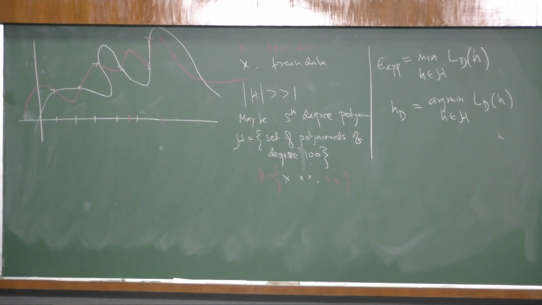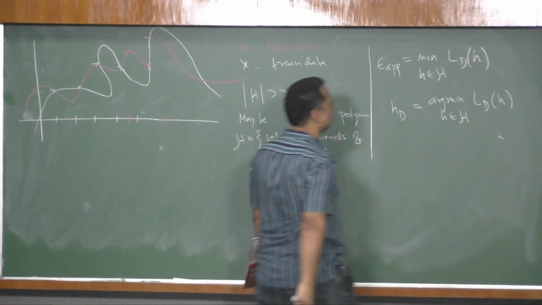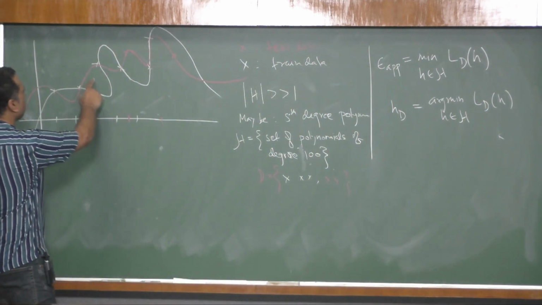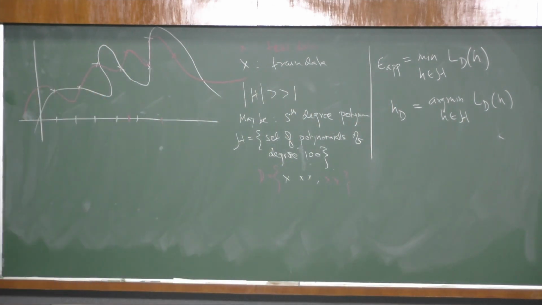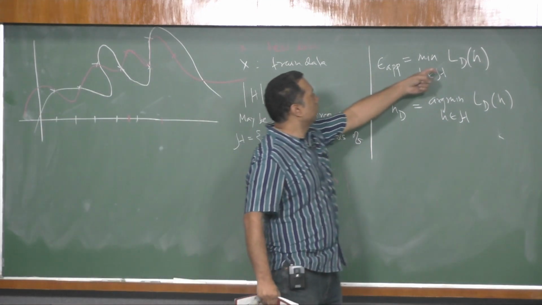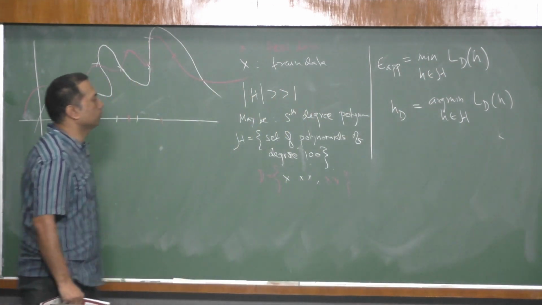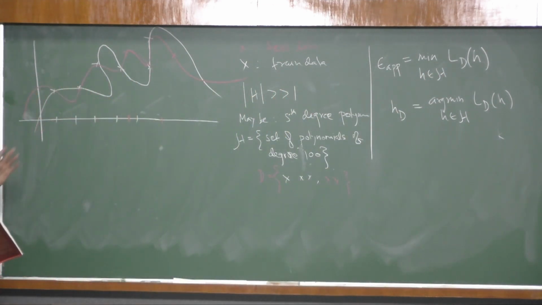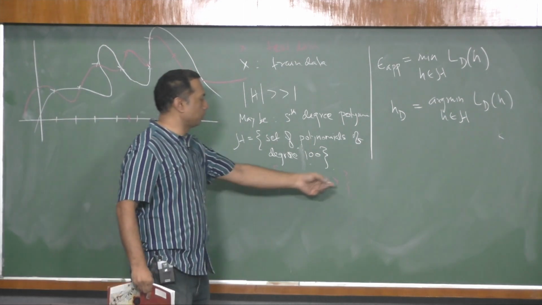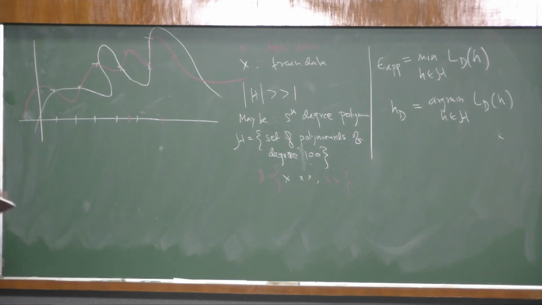Argmin means the argument h for which you have this. So this will be the red one, right? Since I allowed a very large hypothesis class, this error L_D(h) is going to be very small for sure, because it fits not just the training data, it fits all the data. Train plus test, all data. D means everything.